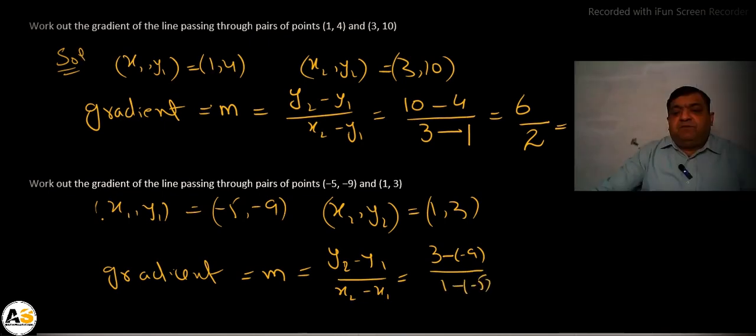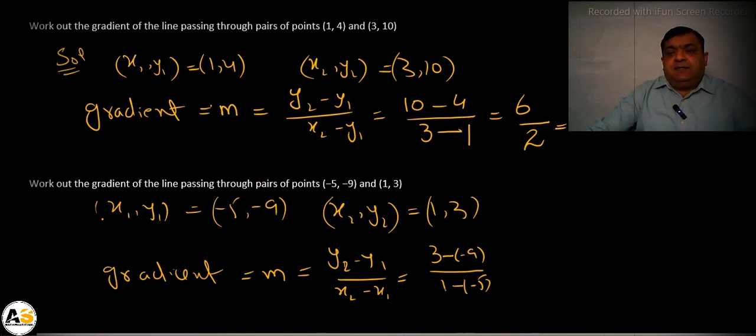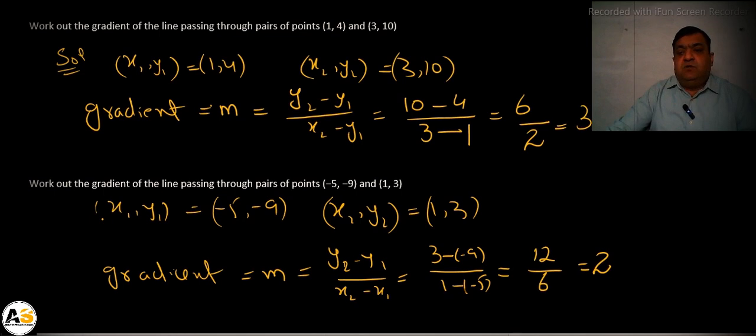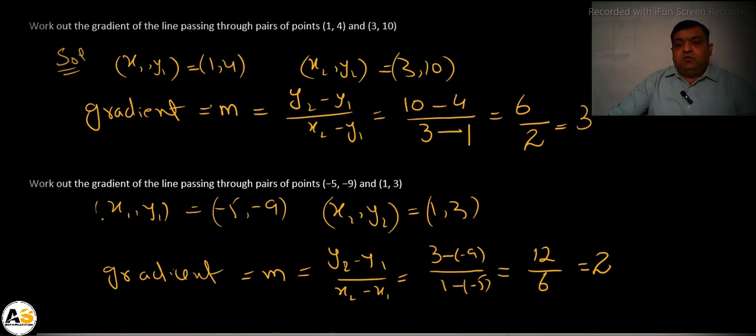You can see from here that this minus will make it plus. 3 plus 9, 12, over 1 plus 5, 6. The gradient of the second line is 2. The answer to our first question was 3 and the answer to our second question is 2, which means that the line in the first question is steeper than the line in the second question.